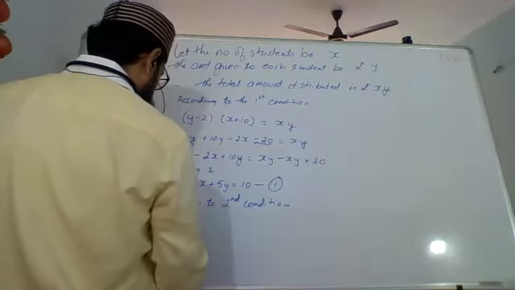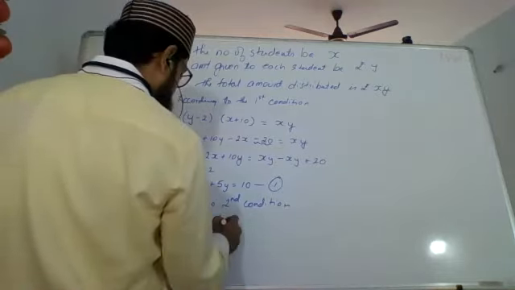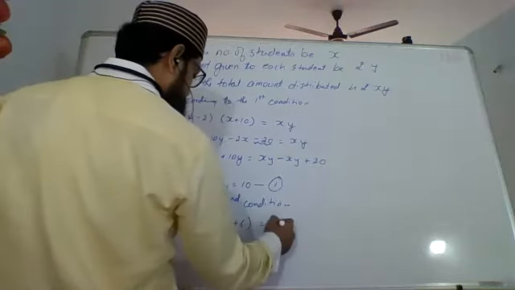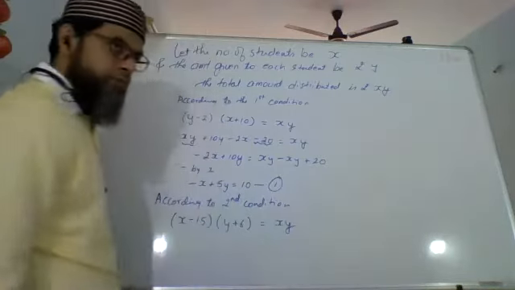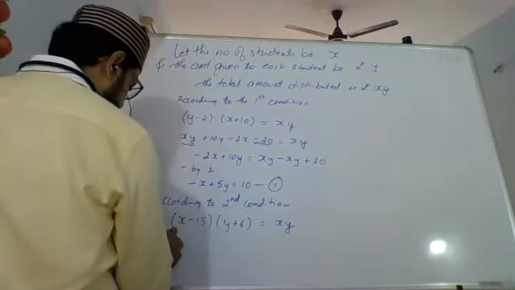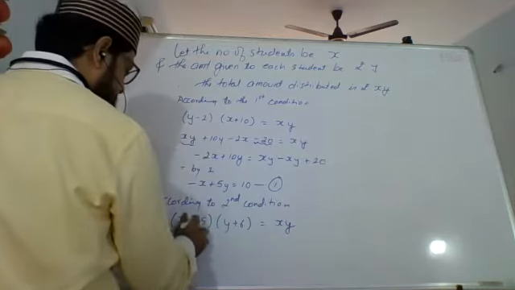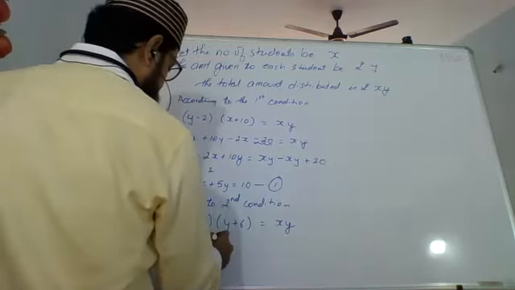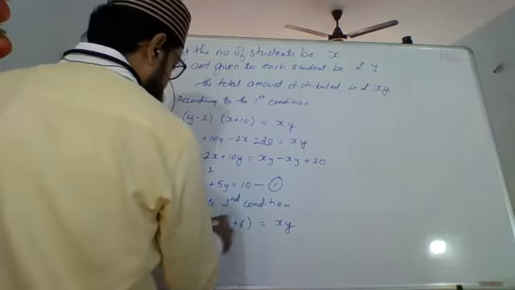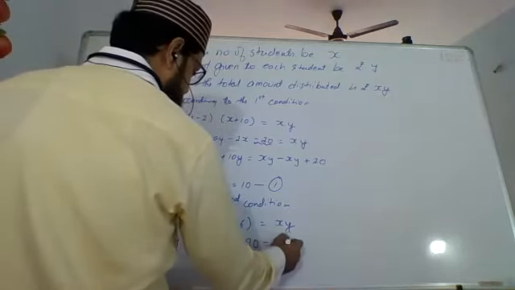So that y is y plus 6. x minus 15 into y plus 6 equals, again, xy. Open the bracket. x into y is xy. x into 6 is 6y. 15 into y is 15y. 15 into 6 is, of course, signs you have to consider as they are.